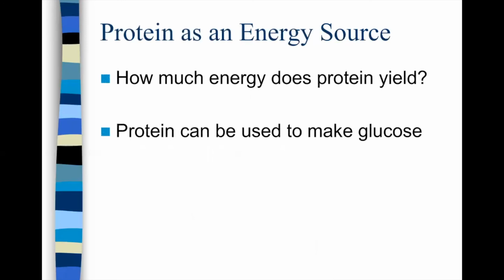Proteins as energy source. Protein can yield 4 calories per gram, and protein can be used to make glucose through gluconeogenesis. So this would happen in a case where you are not consuming enough carbohydrate to get glucose from carbohydrates.